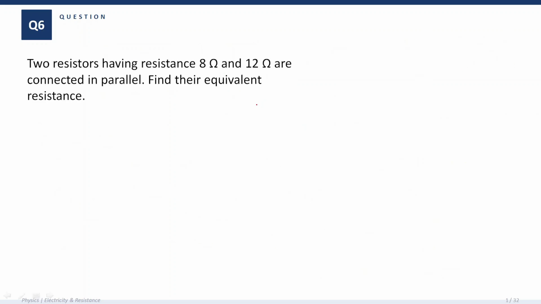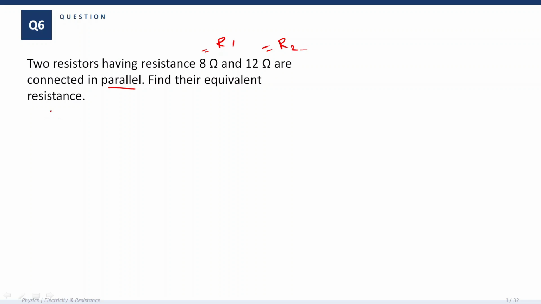Question 6. Two resistors having resistance 8 ohm, 12 ohm are connected in parallel. Find their equivalent resistance. This is R1, R2 arranged in parallel.